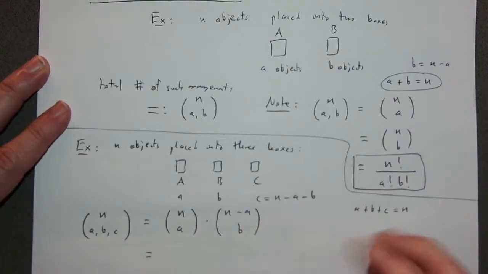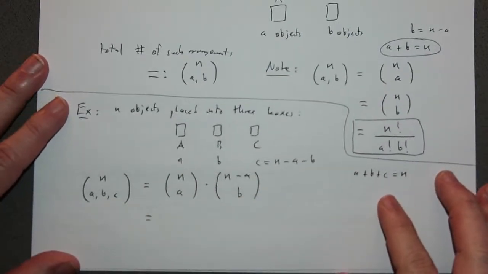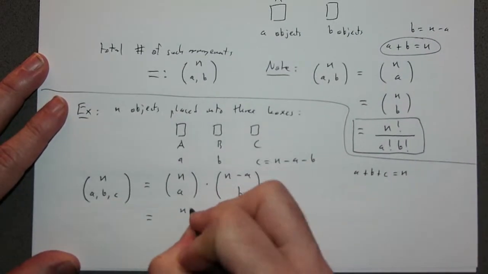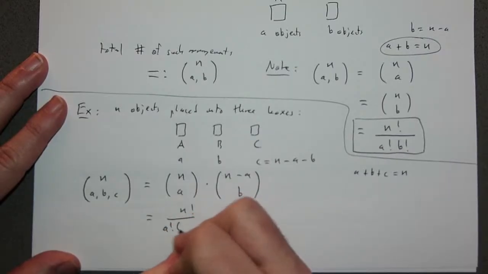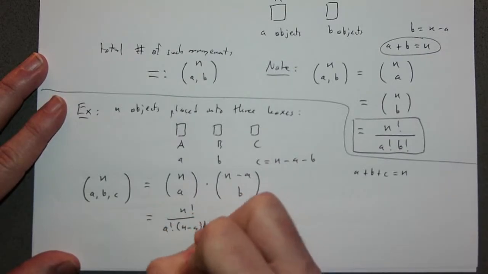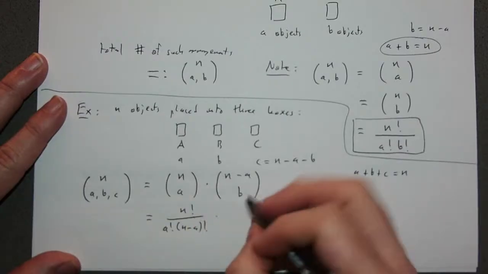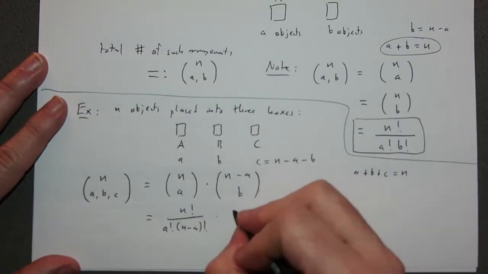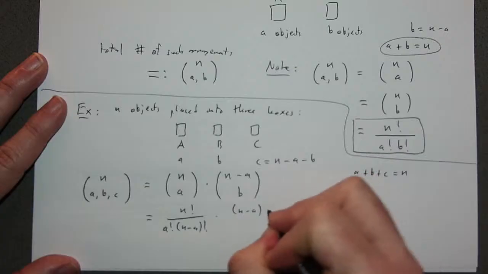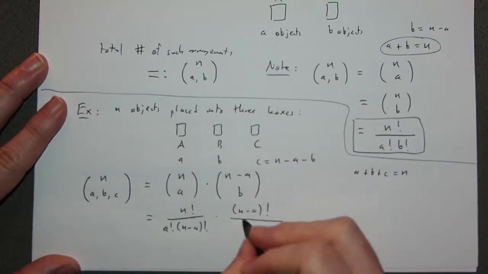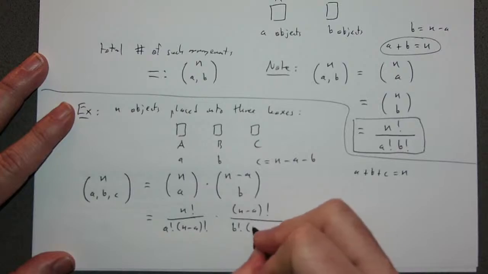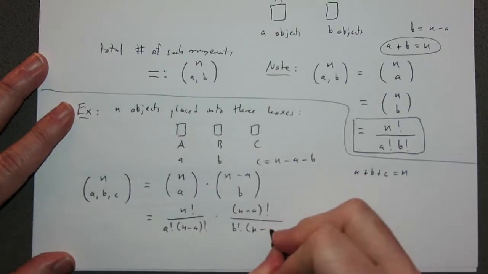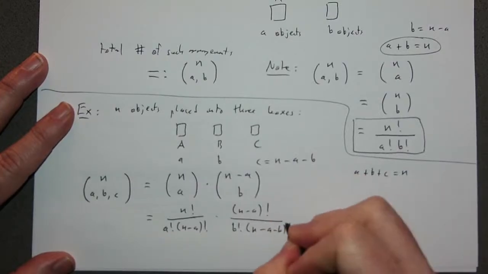So let's just see what this is. This is, by definition, n factorial over a factorial times n minus a factorial, times n minus a factorial over b factorial times n minus a minus b factorial.